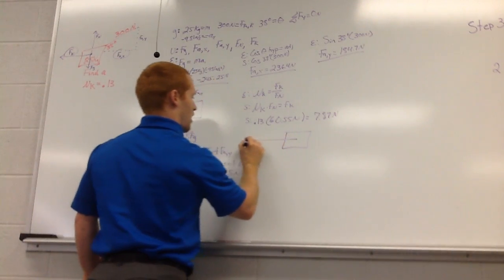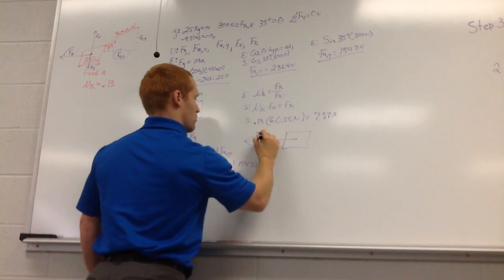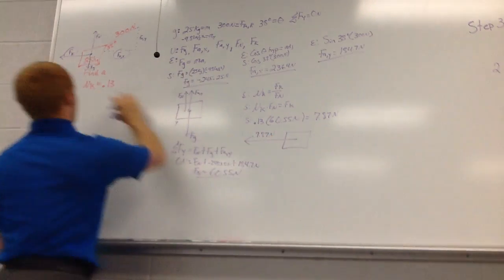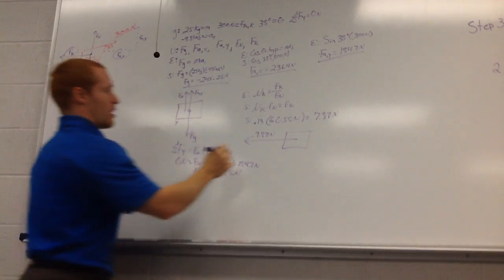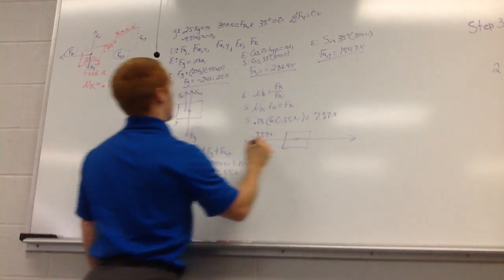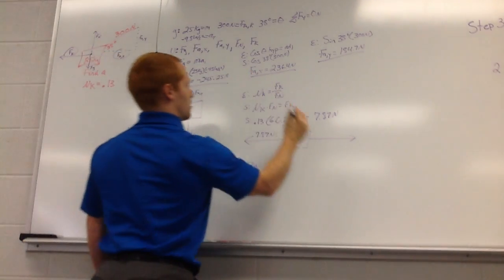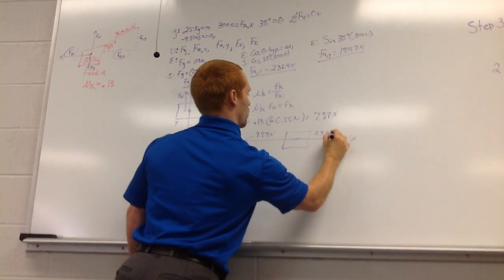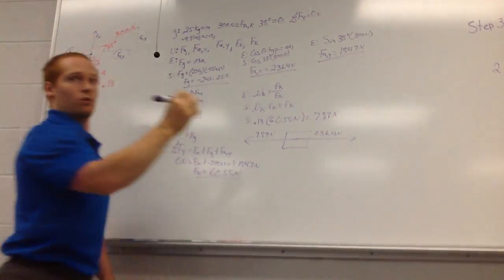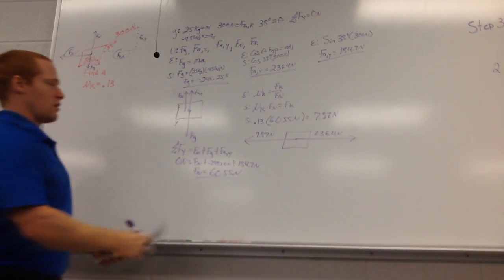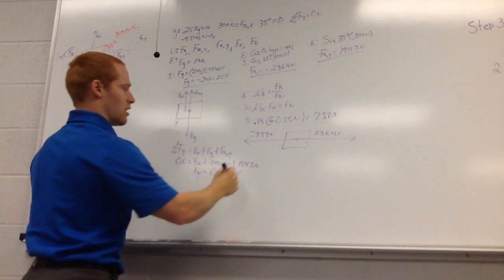We have Fk, which is 7.87 newtons, going left, because that's how it is in the picture. And then we have Fax, which is going right, and it is 236.4 newtons.